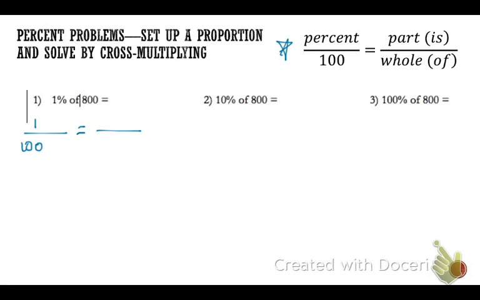And then the whole is of 800. So often in these problems you can tell just by the language. So 1% of the whole amount, so usually that amount is after the word of. And then sometimes if you have the word is, that indicates the part. So we're looking for the part there. That's 1% of 800. And then we can just solve using our cross multiplying.